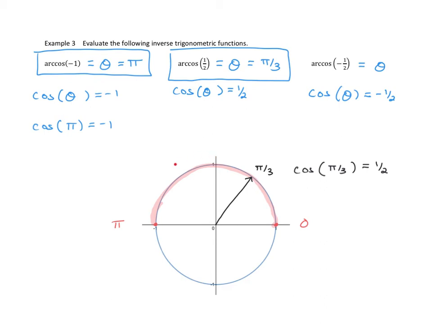This is where cosine will take on a negative value because the x values, as cosine is defined, are negative. What angle is it? Well, the way I'm thinking about this is, I know I somehow have to refer back to the x value here. This was supposed to be 1/2.